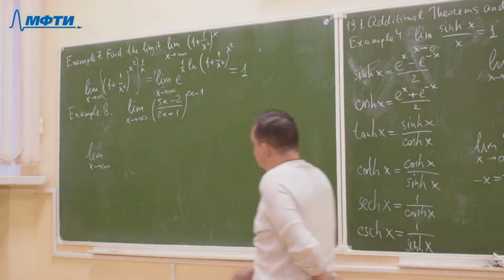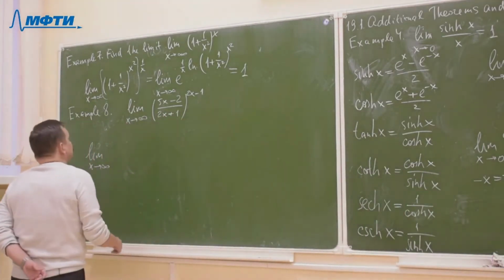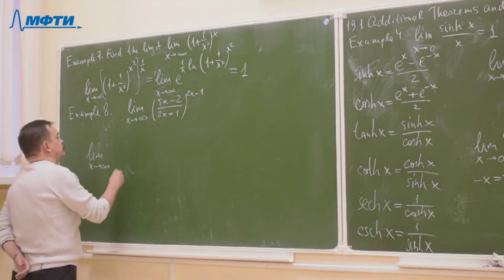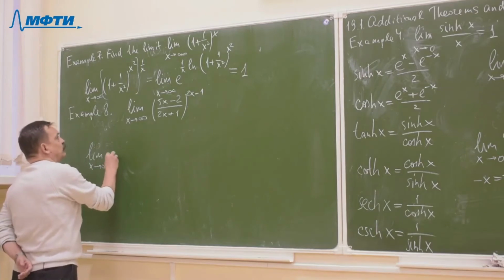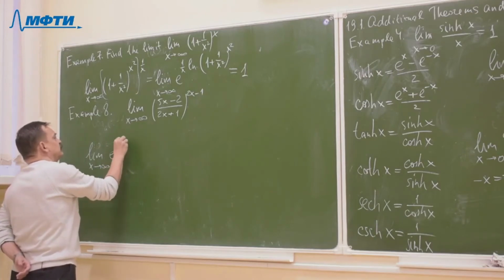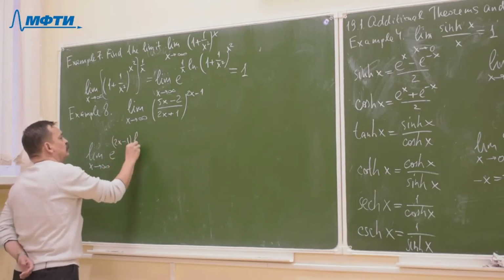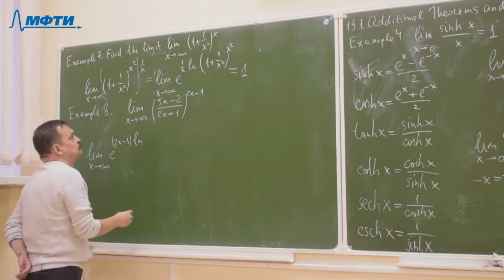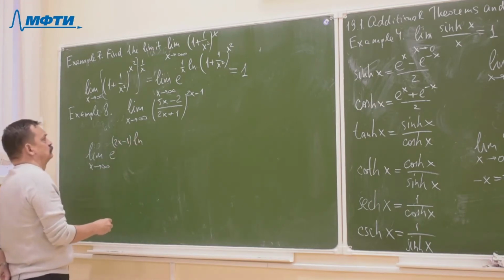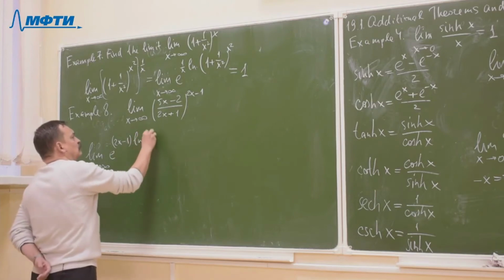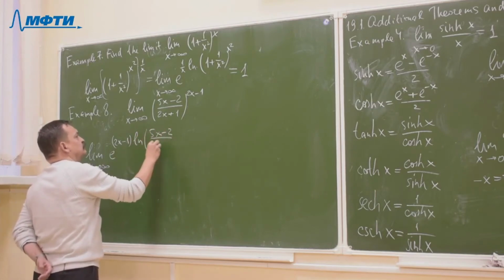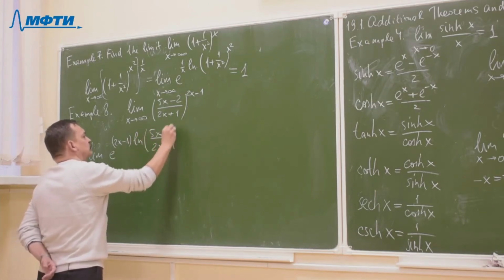Let's proceed as before. We'll rewrite it as e to the power 2x minus 1 times the logarithm of 5x minus 2 over 2x plus 1.